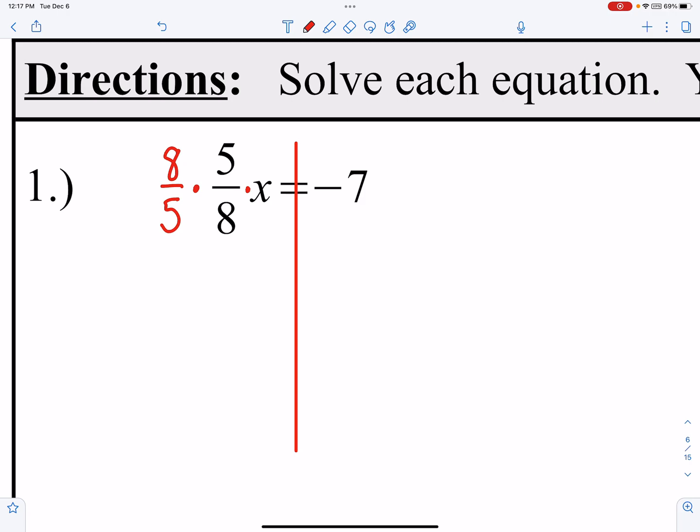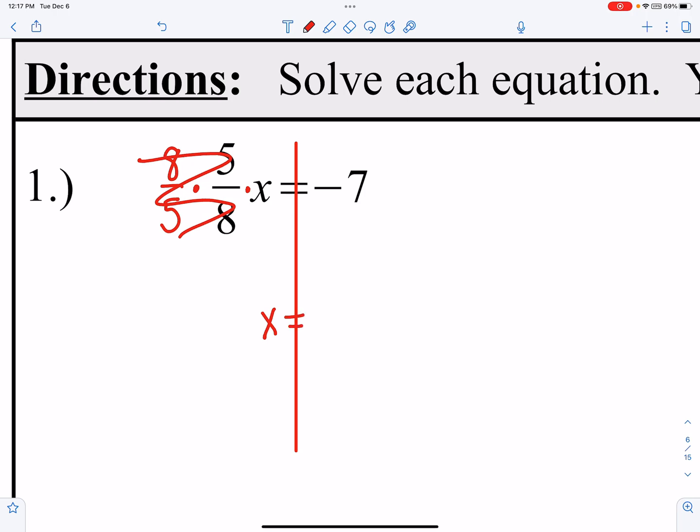If you look, this equals 40/40, which does create a 1 next to an x. Because of the identity property, we usually don't pay attention to that and we just write x. That's what we're going to be doing here: multiplying by the reciprocal. It makes this go away because it creates one whole, and we're left with x.